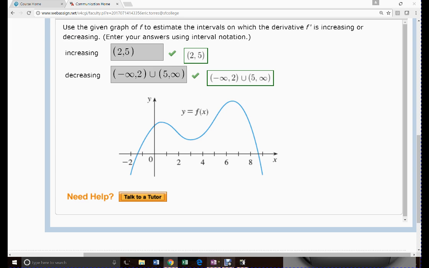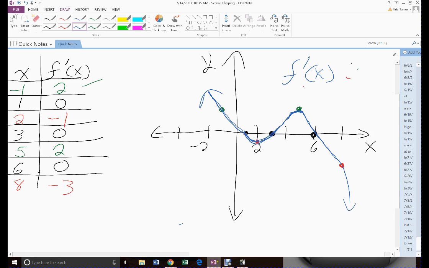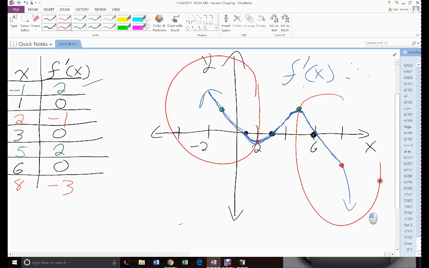Increasing and decreasing. So now let's look at my graph. Increasing means to be going up. Decreasing is going down. I'm going to circle everything that's decreasing in red. It's decreasing here and here. So from approximately -infinity until we reach 2, it's going down.